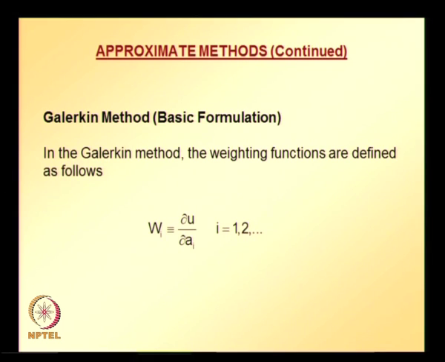Please recall that in least square weighted residual method, the weight function is the partial derivative of the residual with respect to the unknown coefficients, whereas in collocation method, the weight function is the Dirac delta function, and now for Galerkin method, the weight function is the partial derivative of the trial solution with respect to the unknown parameters or unknown coefficients.